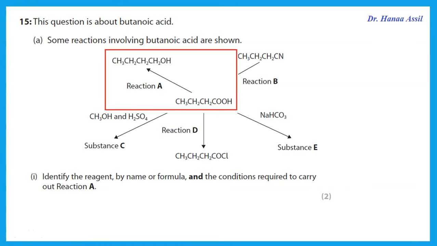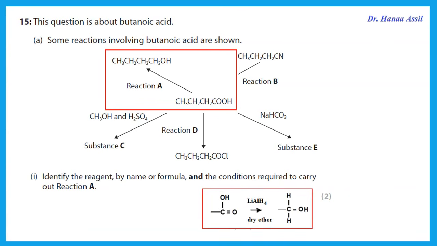Please pay attention to the direction of the arrow. We're changing acid to alcohol. So how do we reduce an acid to an alcohol? Of course, we use lithium aluminum hydride in dry ether. This would change the acid to aldehyde and then to a primary alcohol.